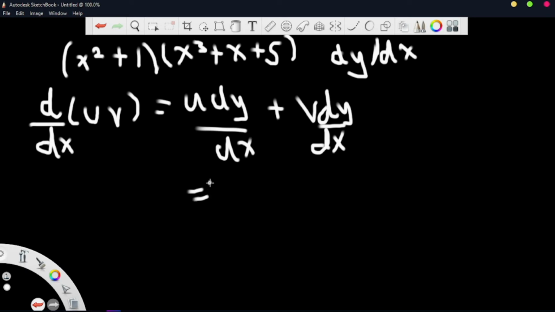So how can we solve this in relation to the rule? We pick which one we're going to differentiate first. I'm going to leave this one the way that it is, my x squared plus 1, and bring it here. Now here is where you pay very close attention. Using my product rule, I differentiate that and I'm going to get 3x squared plus 1.